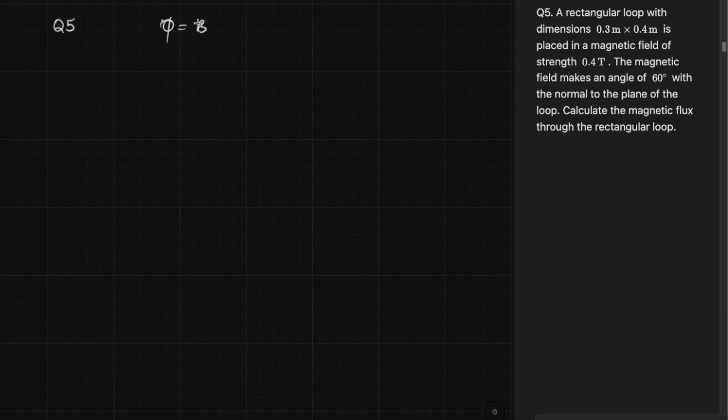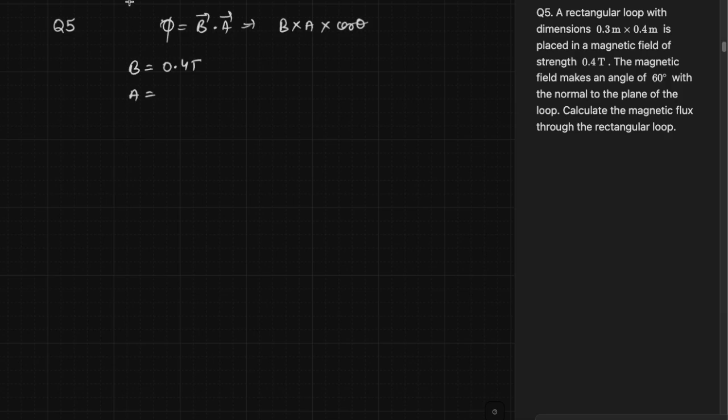So what will be the flux? We should know this formula. It will be just multiplication of B, magnitude of A, and then cos theta. So let's see, B is given to us, that is 0.4 Tesla. The area is not given directly.